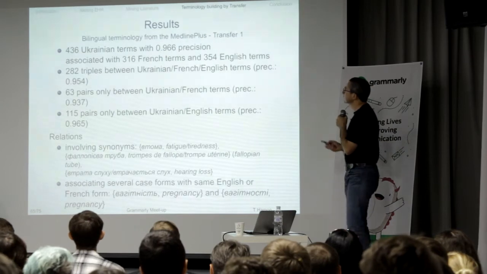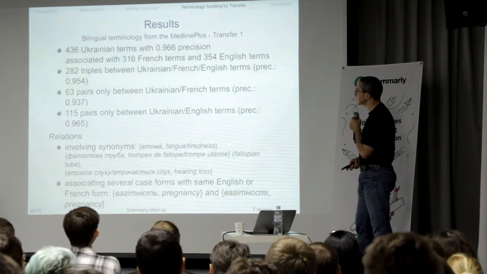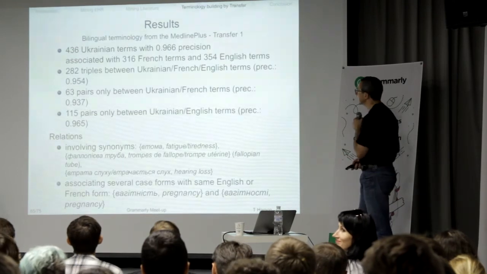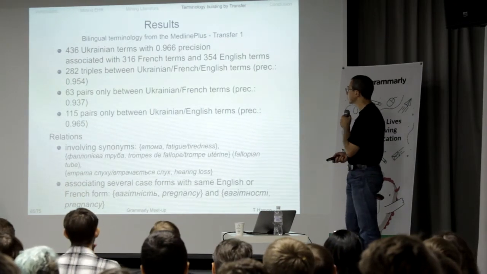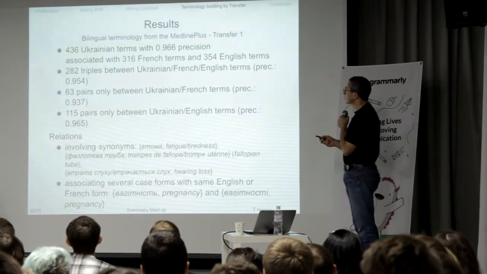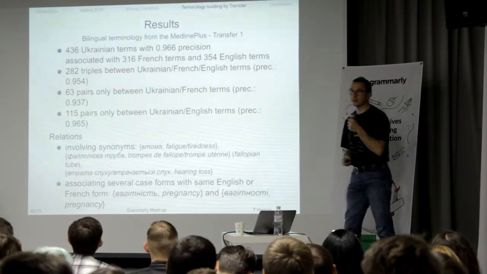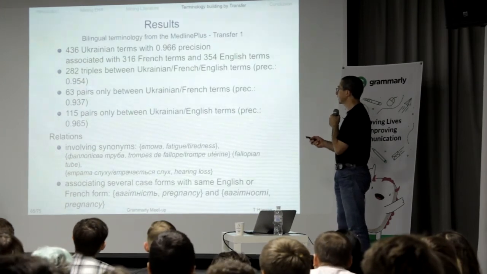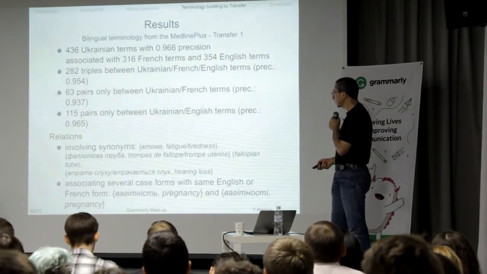For the first method of transfer, we obtain 400 Ukrainian terms with very high precision, which is expected. The Ukrainian terms were associated with 300 French terms and almost the same number of English terms. So we can obtain almost 300 triplets of Ukrainian, French, and English terms with quite high precision also.